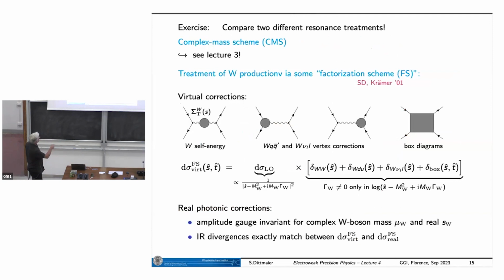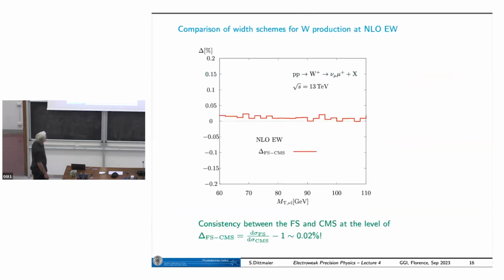What else? These are the typical corrections, just skipping it. And here, for example, let me take this as a closing plot. You see the difference in the relative corrections that I got when I compared two different schemes to introduce the width of the W boson.